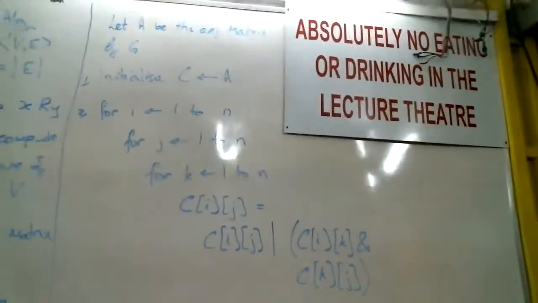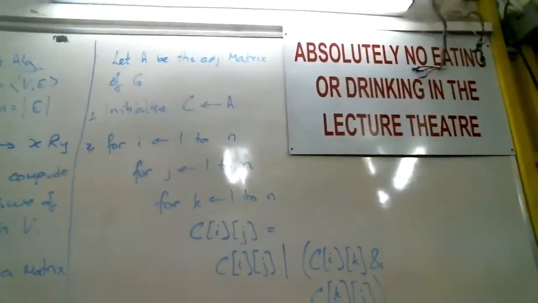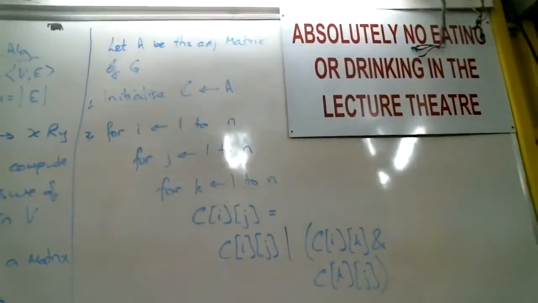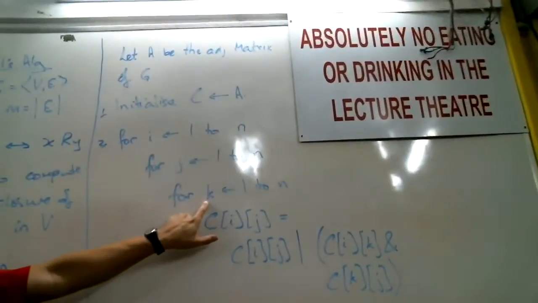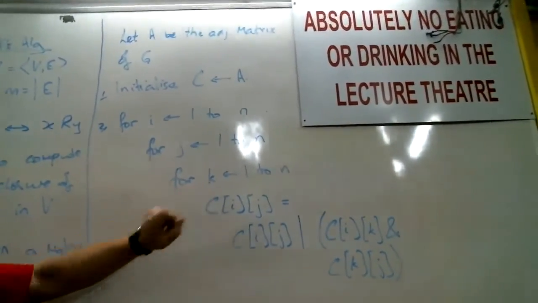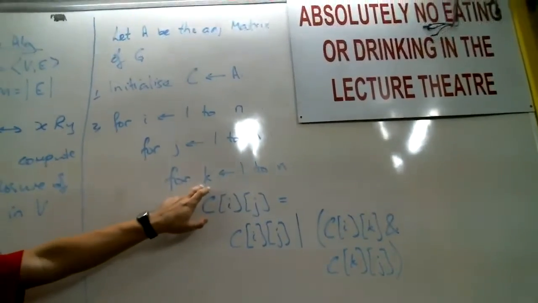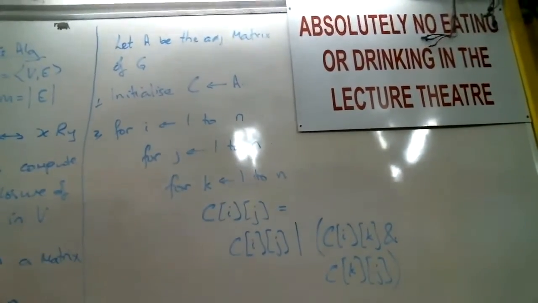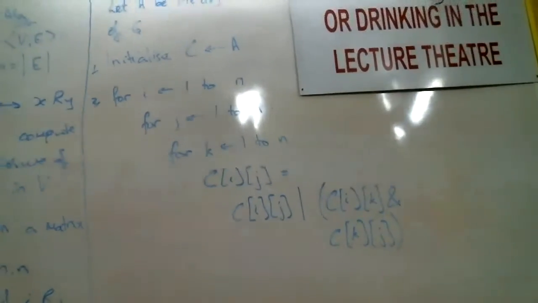What's the running time for that? Well, all right, first of all, why does it work? Does it make sense? So how you can regard this inner loop here is that by the time you've finished running this inner loop, you've tested all possible ways for I to be related to J via one link.